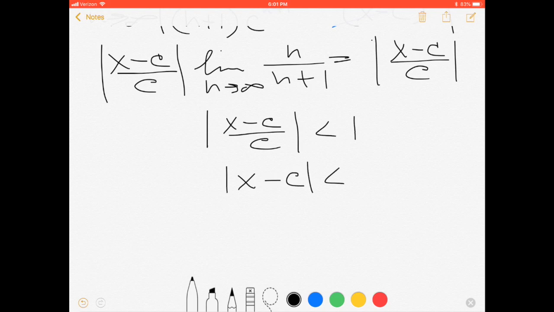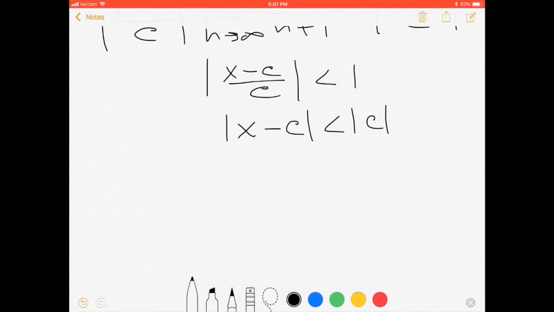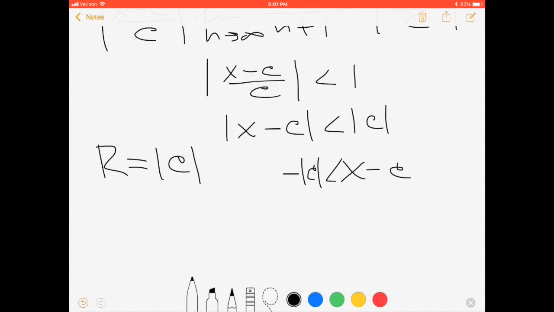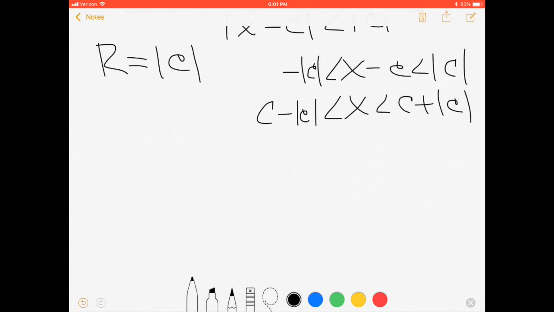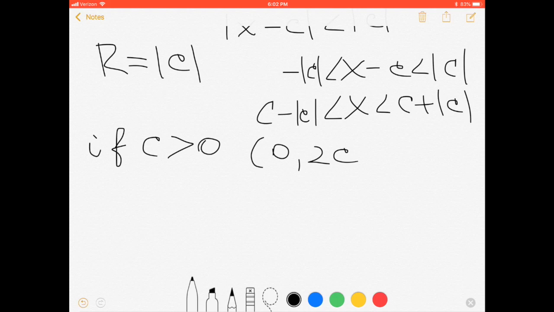This means the absolute value of x-c needs to be less than the absolute value of c. So the radius of convergence is absolute value of c. The interval of convergence is between minus absolute value of c and absolute value of c, which means x stays between c minus absolute value of c and c plus absolute value of c. And it depends: if c is positive, the interval of convergence is 0 to 2c.